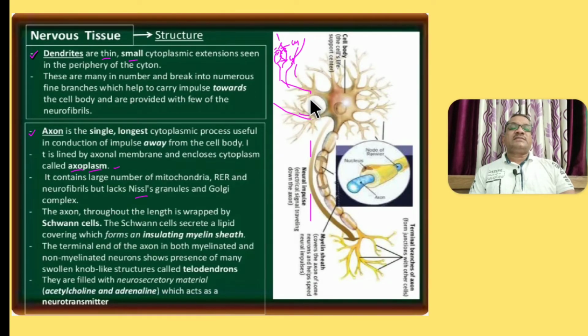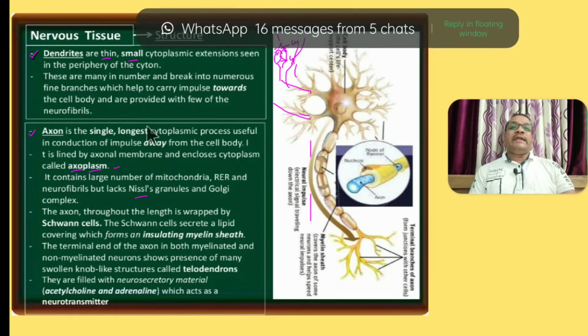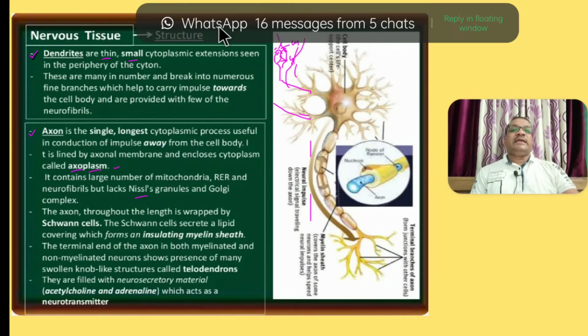In this cyton region we have seen that Nissl granules were present and Golgi complex is absent. So, Nissl granules and Golgi complex are absent in axon of neuron, and in cyton they are present. This you have to keep in mind.